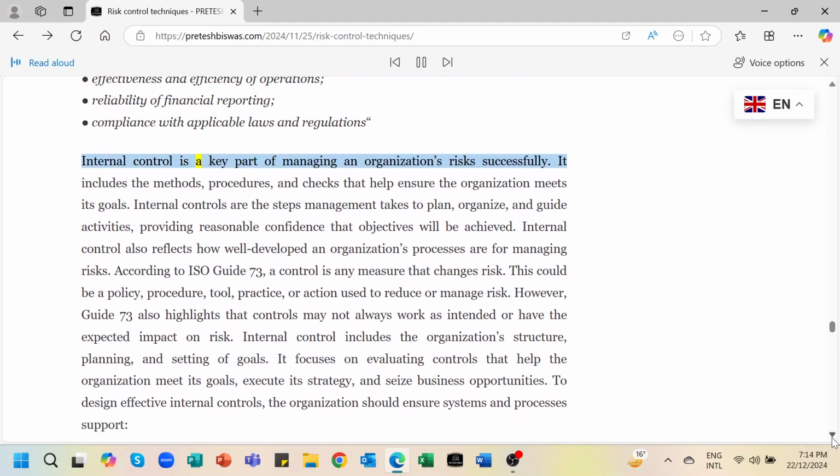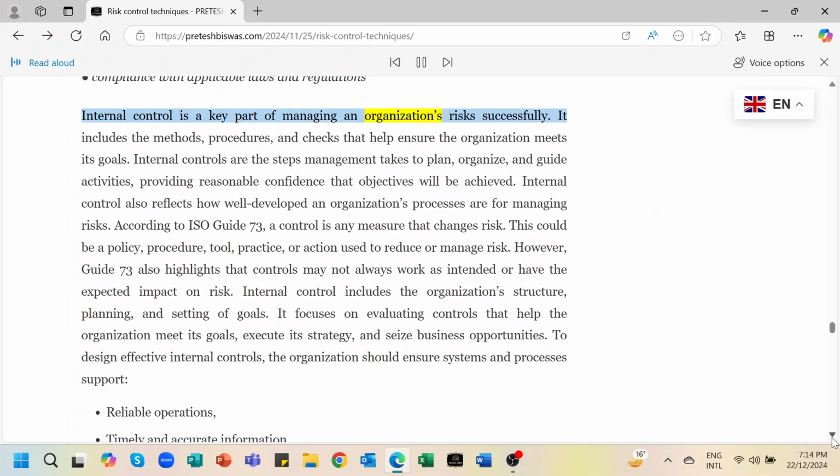Internal control is a key part of managing an organization's risks successfully. It includes the methods, procedures, and checks that help ensure the organization meets its goals. Internal controls are the steps management takes to plan, organize, and guide activities, providing reasonable confidence that objectives will be achieved. Internal control also reflects how well-developed an organization's processes are for managing risks.